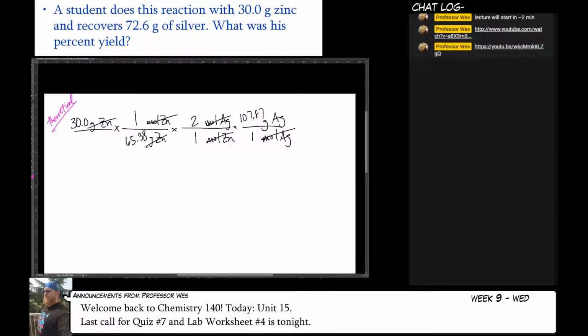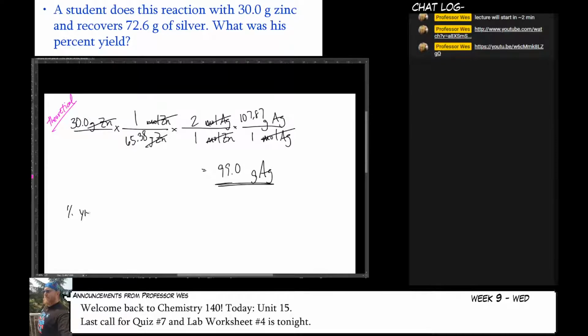So 30 times 2 times 107.87 divided by 65.38. In theory, this student should have made 99.0 grams of silver.